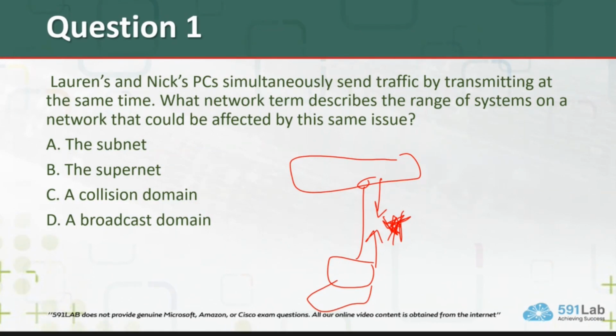Of course, the more systems in a collision domain, the greater the likelihood of network congestion and an increase in collisions. Broadcast domain is different. It's the set of systems that can receive a broadcast from each other. Subnet is a logical division of a network, while supernet is made up.